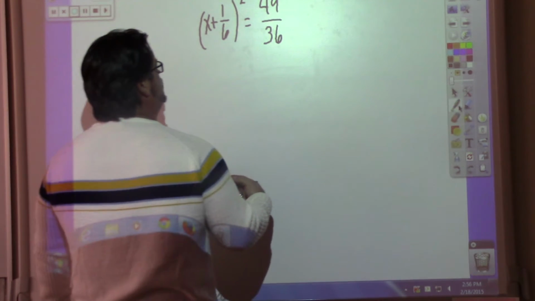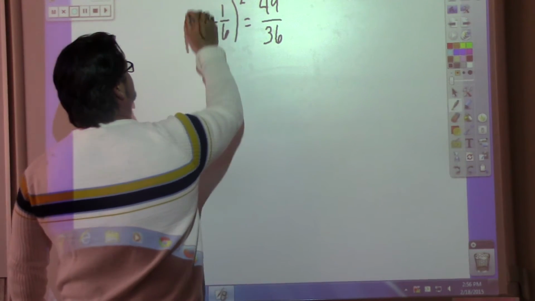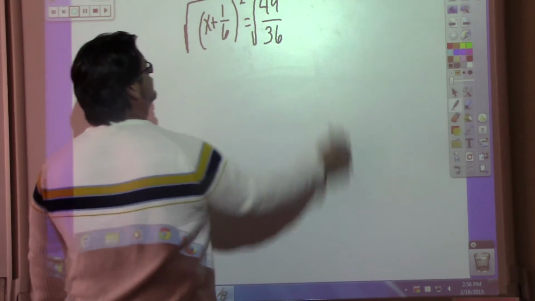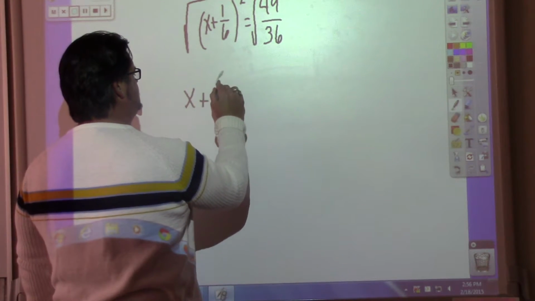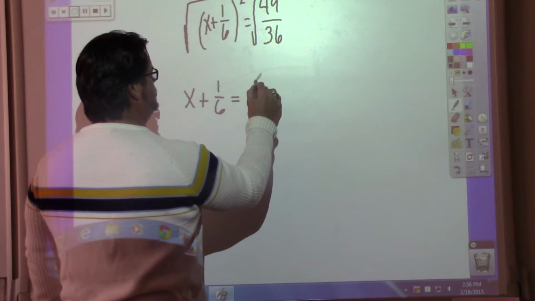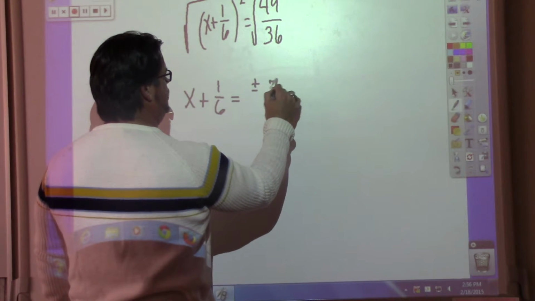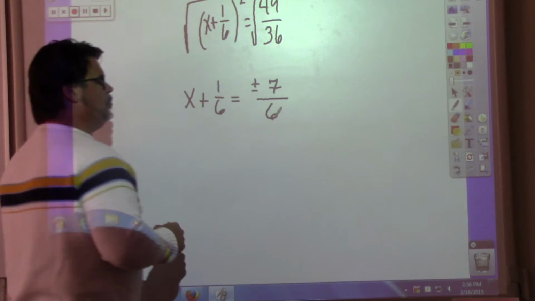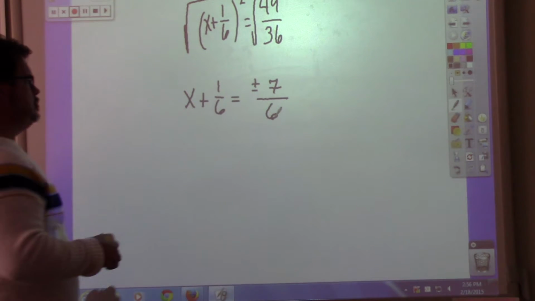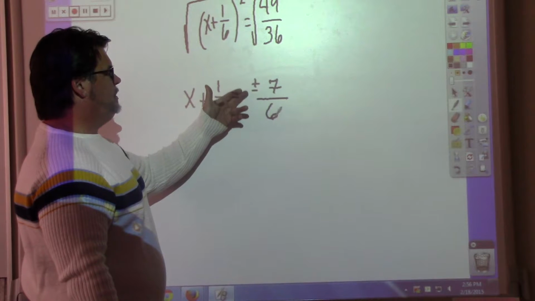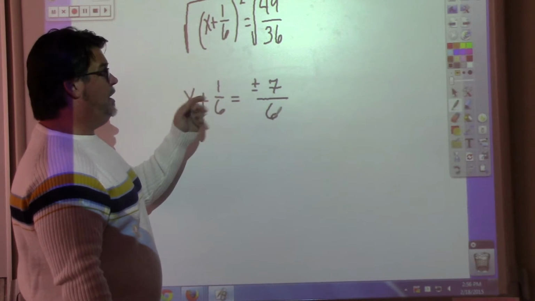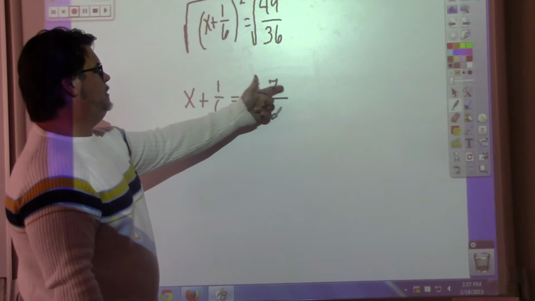So how do you undo a square? Square root it. That's going to give you x plus 1/6 is equal to positive or negative 7 over 6. And that positive or negative really goes out front, but you can take it to the top or the bottom. It doesn't matter. Most people take it to the top, so you can add these.